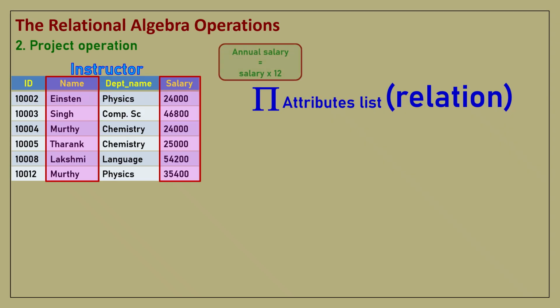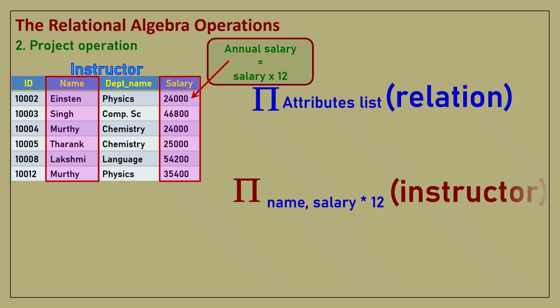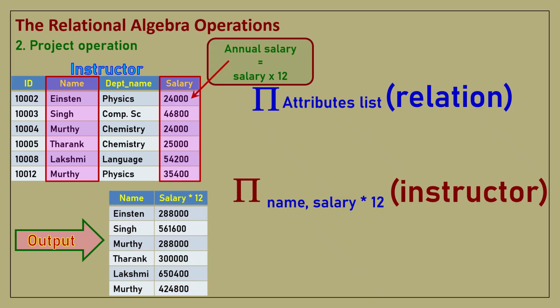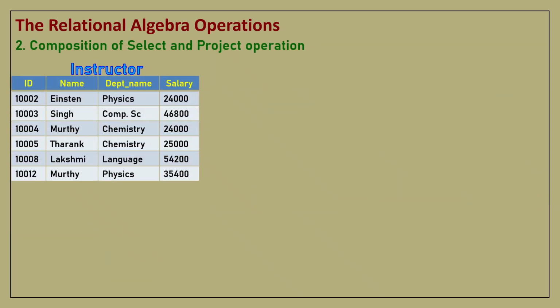We can also retrieve annual salary from existing salary attribute using project operation as pi, name comma salary multiplied by 12 from instructor. This relational algebra expression gives output with two columns, name and salary multiplied by 12, as below. Composition of relational algebra operations. Select and project.